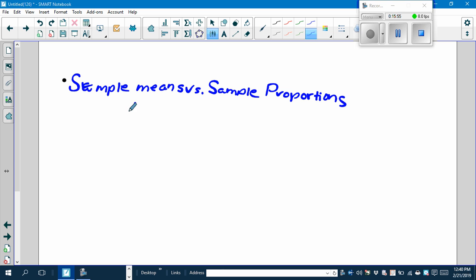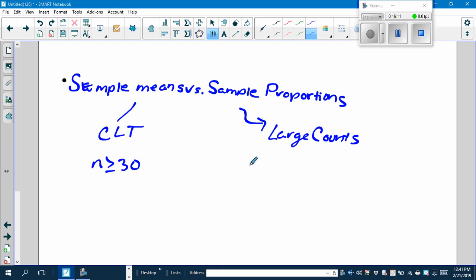Know that sample means has the central limit theorem and sample proportions has the large counts condition, and these are both for normality. Remember, this is n greater than or equal to 30, and large counts is np greater than or equal to 10 and n times 1 minus p greater than or equal to 10.